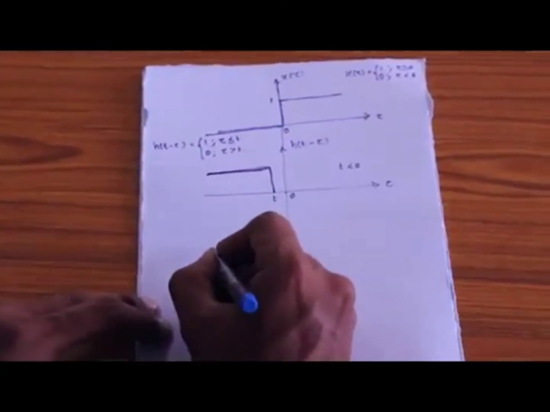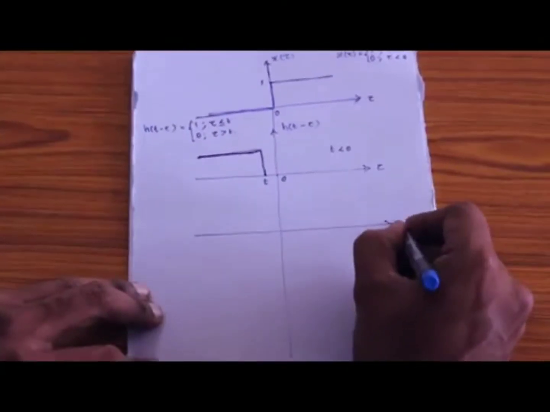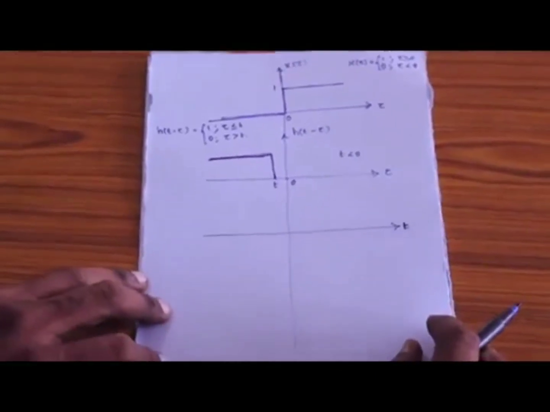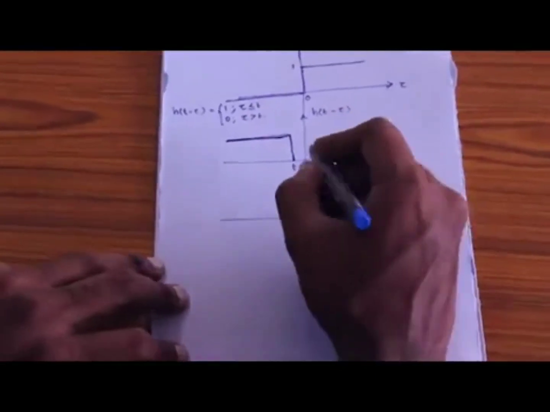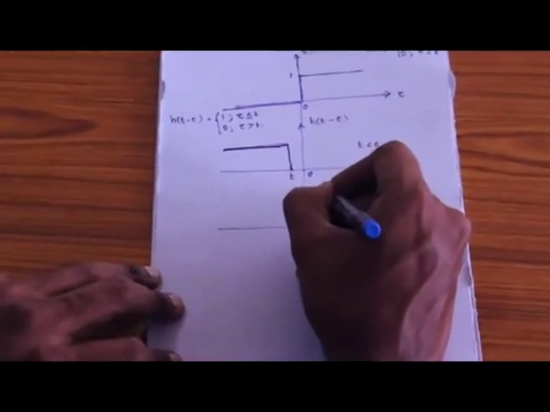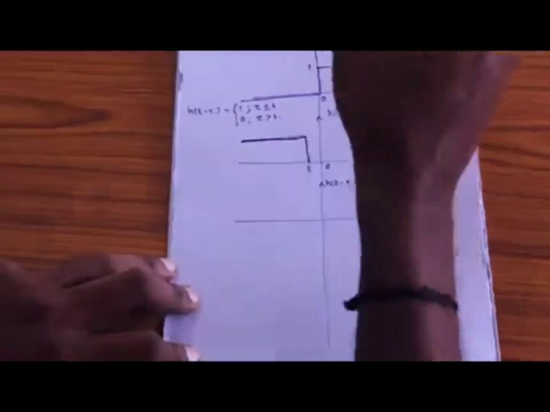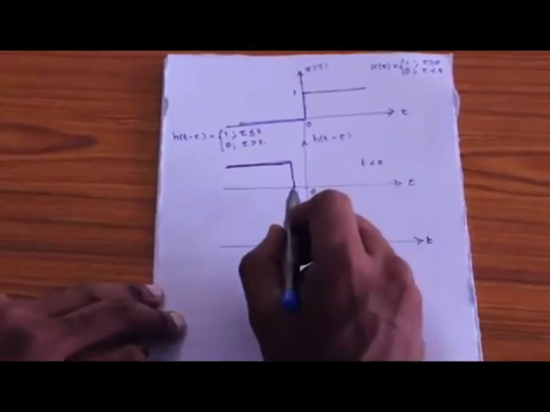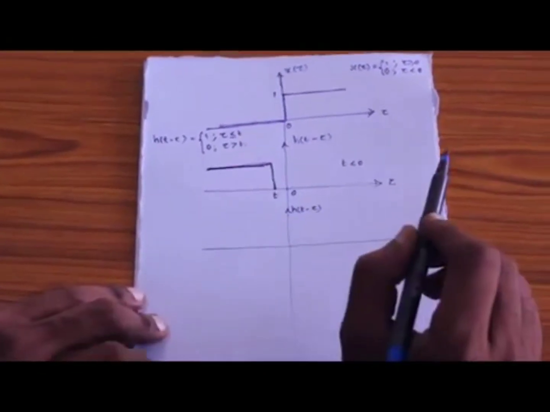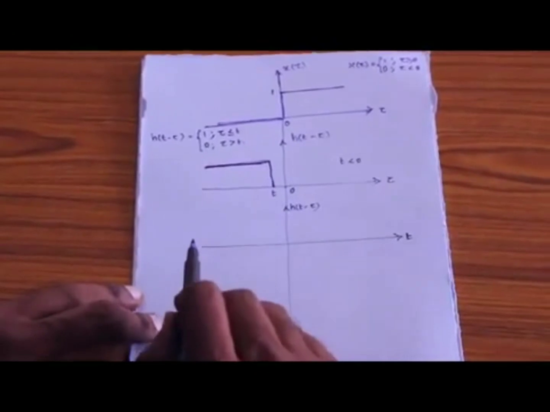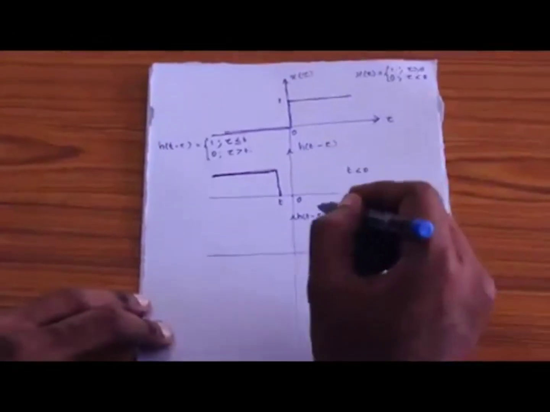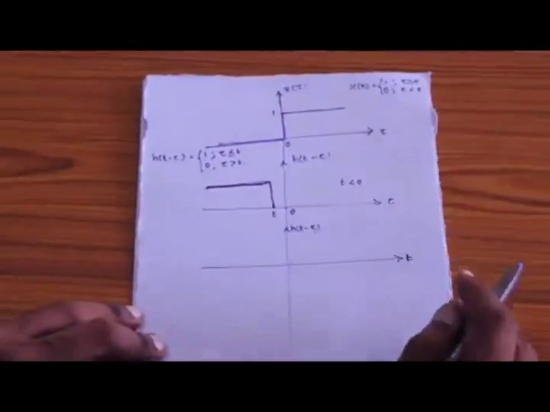Now you can assume a value of t such that h of t minus tau overlaps with this x of tau. Initially we assumed a t such that there is no overlap, and now we are going to assume a t such that h of t minus tau overlaps with x of tau.